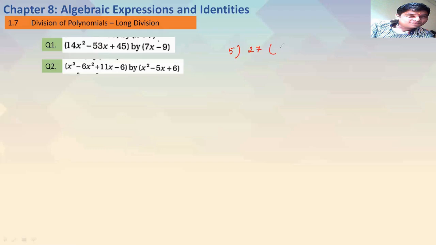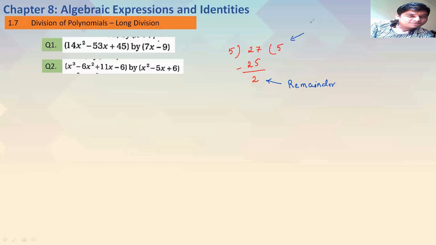Let's do it over here. 5 5s are 25, and we get a difference, a remainder of 2. What do you call this? The remainder. What do you call this?